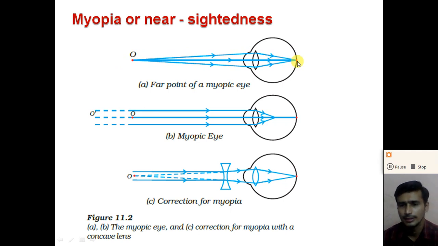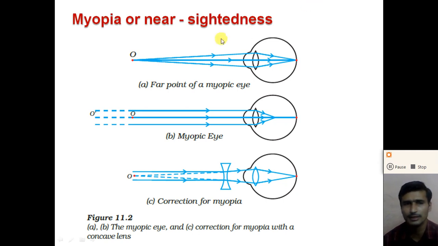But if the image is formed in front of the retina or behind the retina, we cannot see the object clearly. We can see a blur image of the object, and this is called a defect of vision.